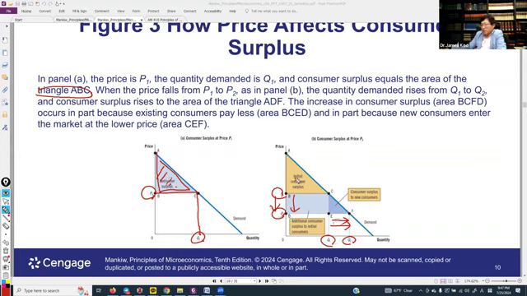Here is the price. Can you find it? The actual price before. I see here.